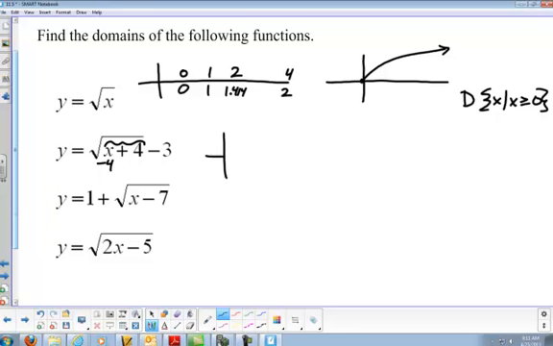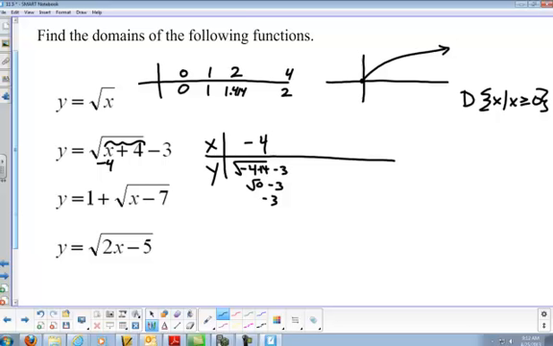So negative 4 in for the x would give us negative 4 plus 4 under that square root, and then minus 3. So that would be 0 minus 3, which is negative 3. So we're going to be getting numbers in the y that work for everything negative 4 and greater.